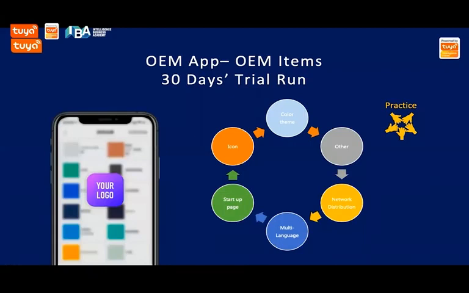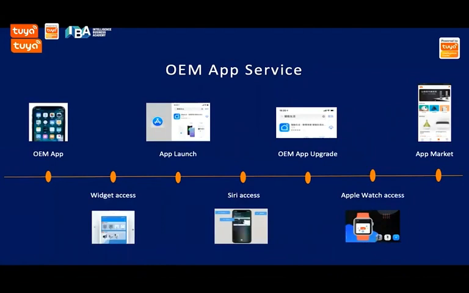But if you are not satisfied with the OEM app, we provide other services. Oh, sorry. Before we go to App SDK, I'd like to introduce more on what we can do for the OEM app. For the OEM app, the trial runtime is 30 days. So if you're fine with your app, remember to buy the OEM app on the IoT platform.